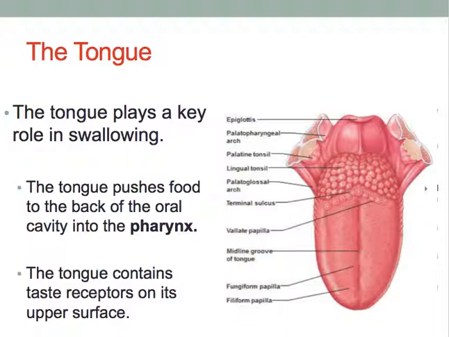This is an excellent time to mention, if you've ever heard that the tongue has different spots on it that have specific receptors, for example, sweet receptors in the front, salty receptors on the side, that's actually not true. Your tongue has a variety of different types of taste receptors, and they're spread all over the tongue.